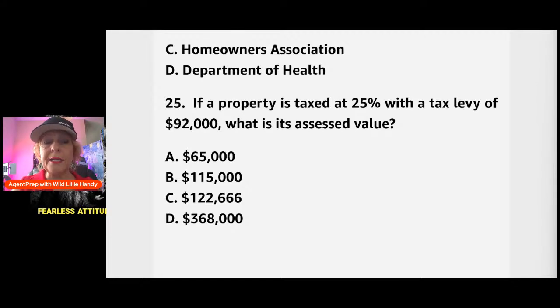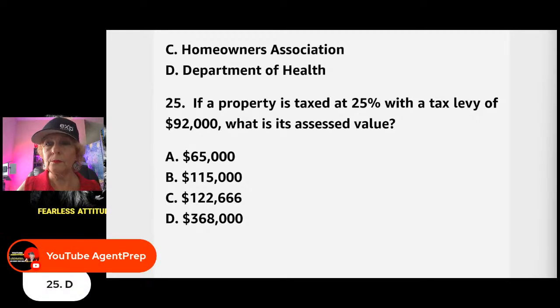So it would be 92,000 divided by 0.25, right, on the T formula. And that'll give us an answer of D, 368. So learn that T formula for math calculations. It's used a lot.